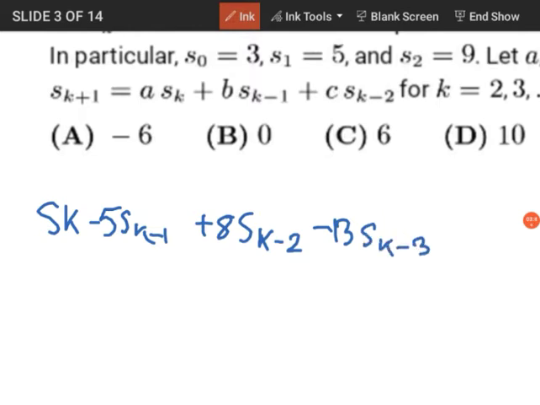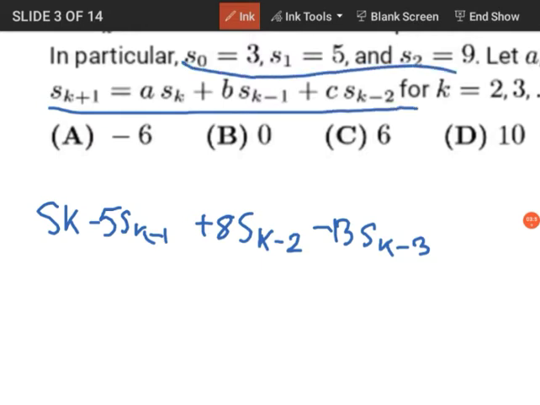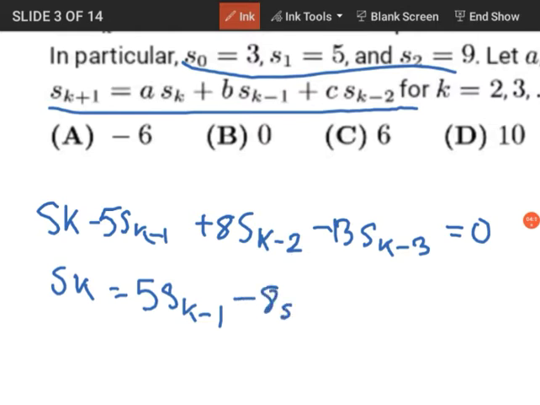Now what has been asked? To find a plus b plus c, and given s naught and all this. Now from here this is equal to 0. Can we write sk equals 5 sk minus 1 minus 8 sk minus 2 plus 13 sk minus 3, right?